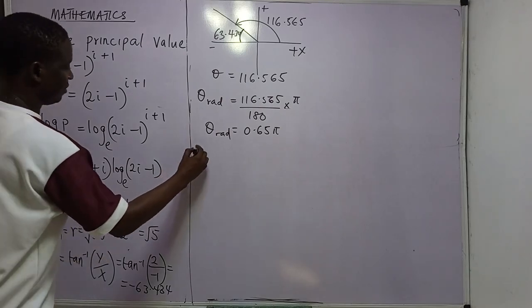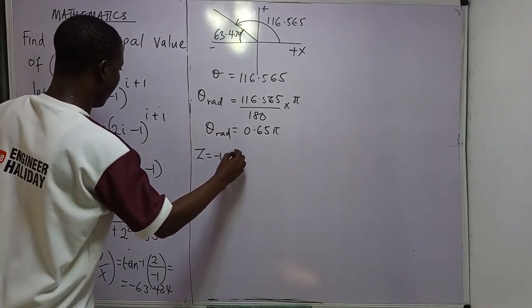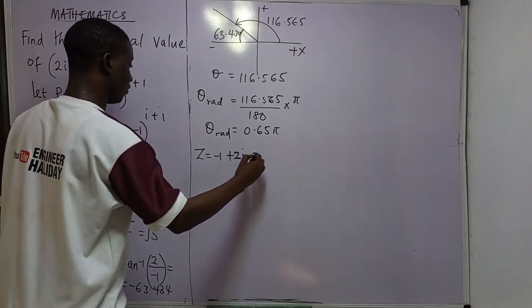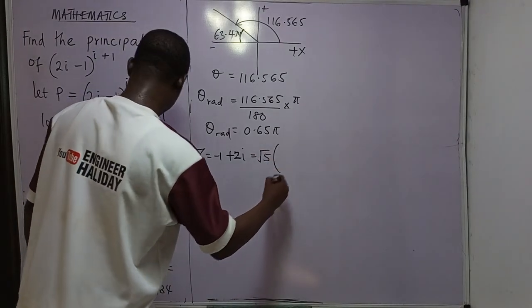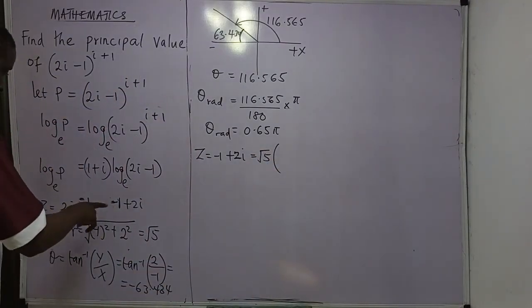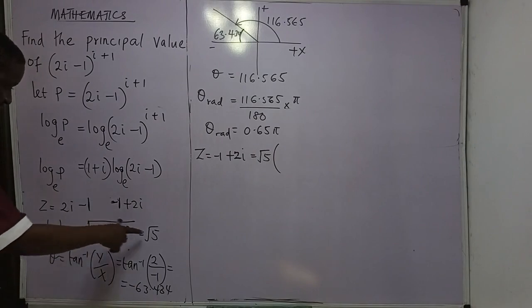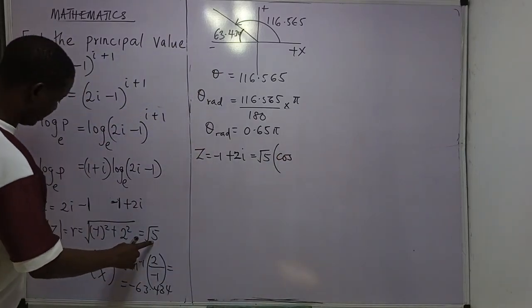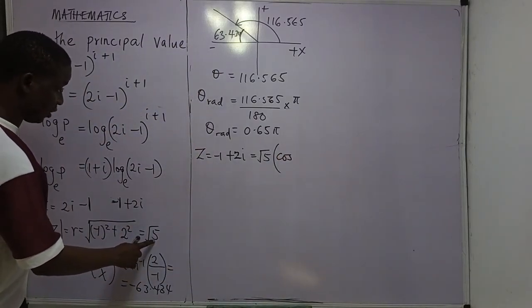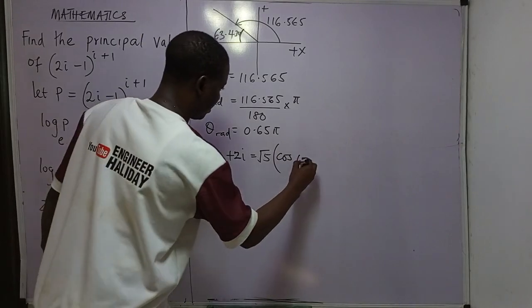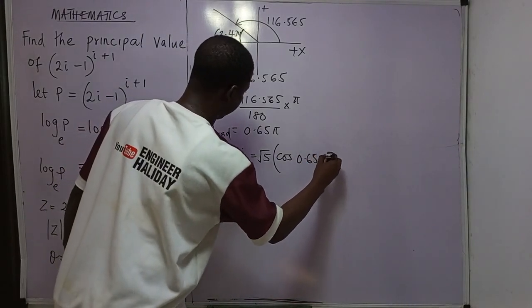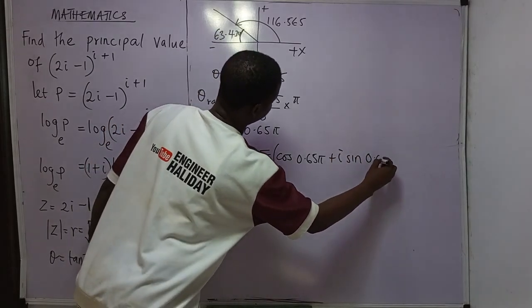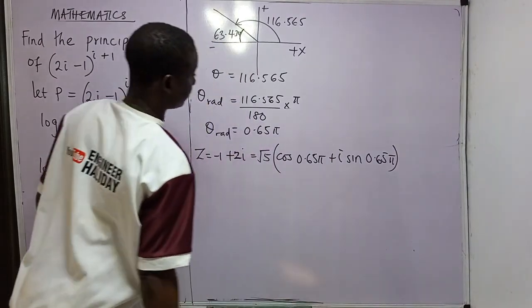That means z, minus 1 plus 2i, is equal to root 5 times cos 0.65 pi plus i sin 0.65 pi.